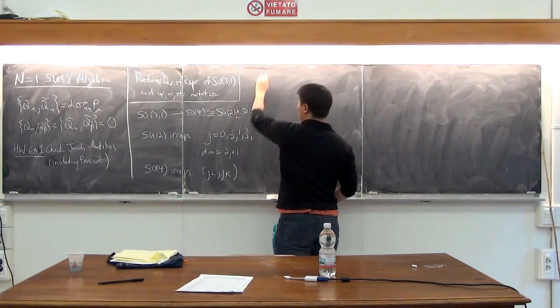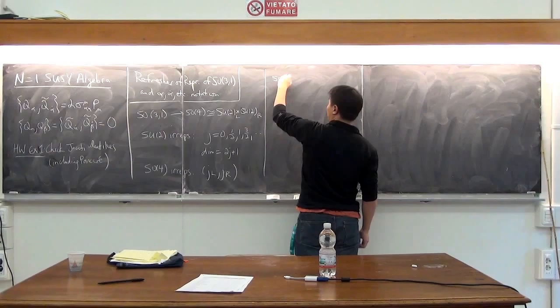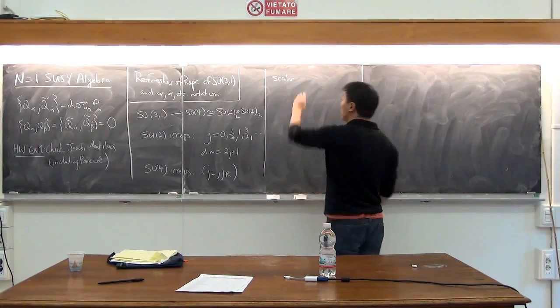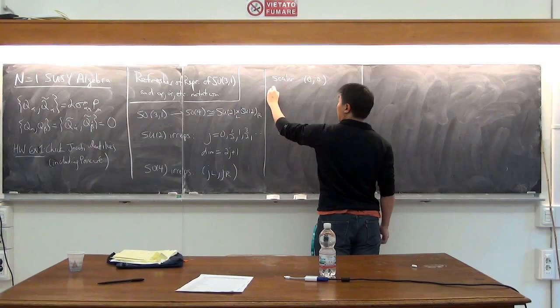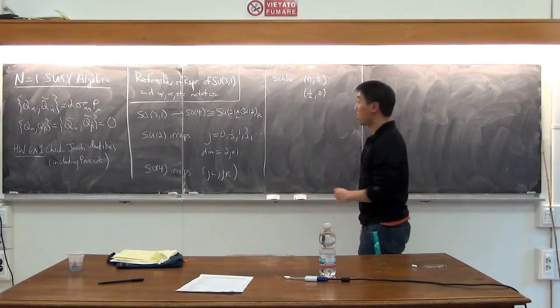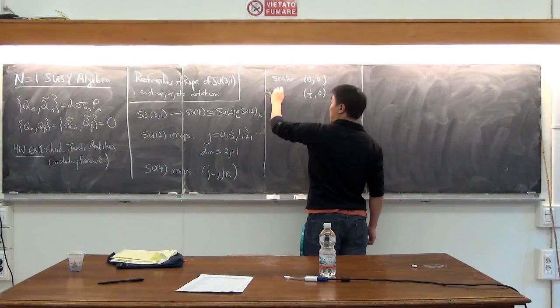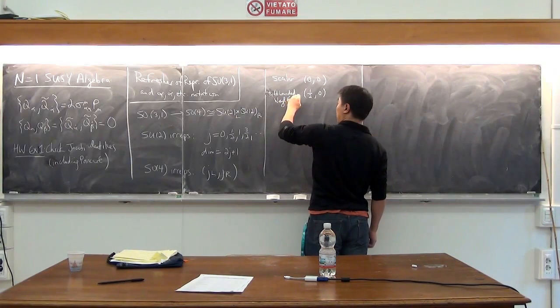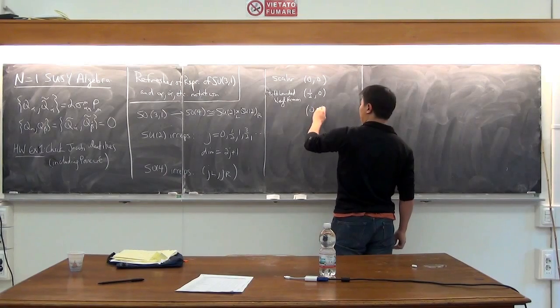You're already familiar with some examples, right? A scalar, so spin 0, is (0,0). You can have (1/2, 0). This is a left-handed Weyl fermion. You can also have (0, 1/2).